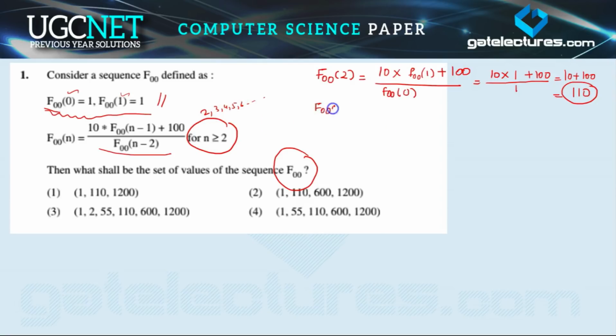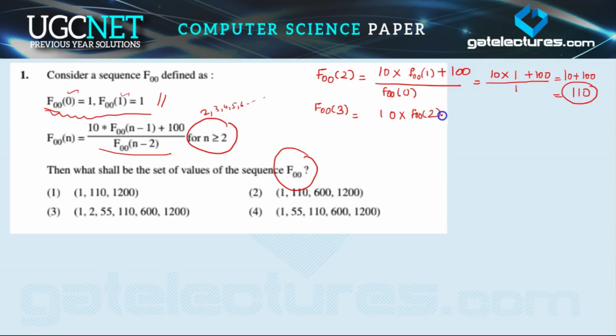Now take the value of f(3). Put n equal to 3, so 10 into f(3 minus 1), that is f(2), plus 100 into f(3 minus 2), that is f(1). We already calculated f(2) as 110, and f(1) is 1.